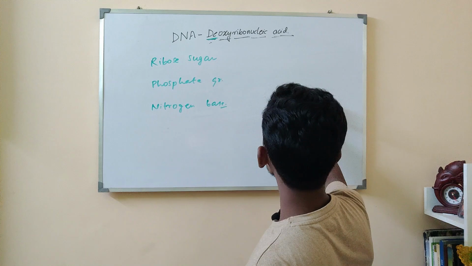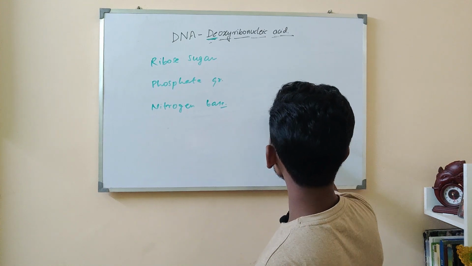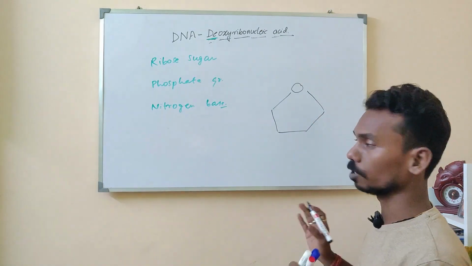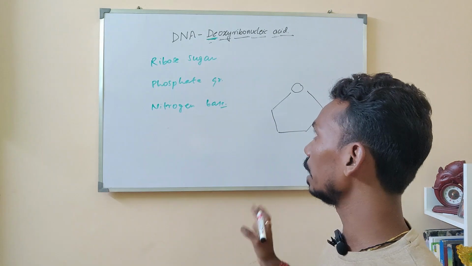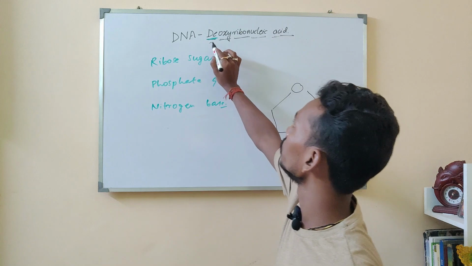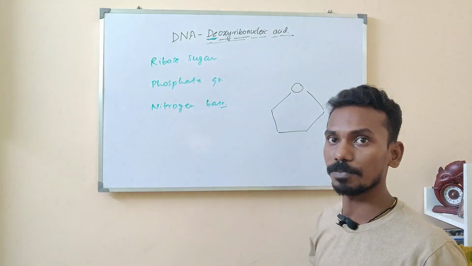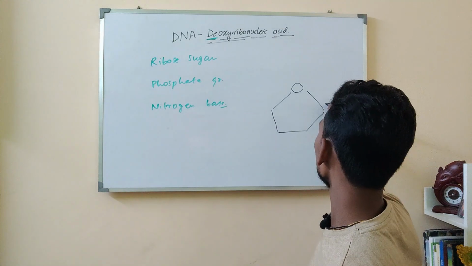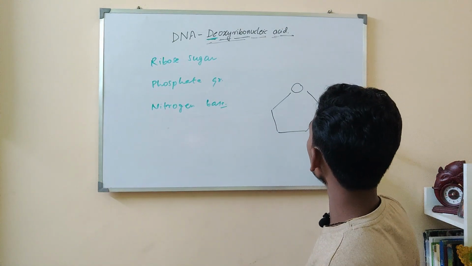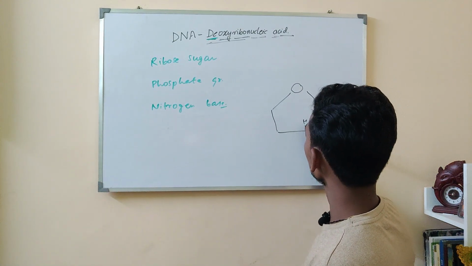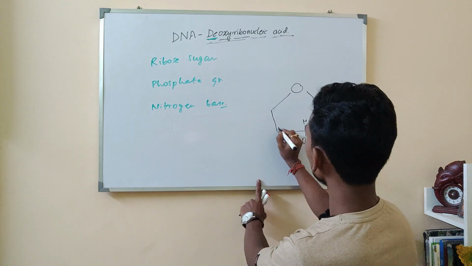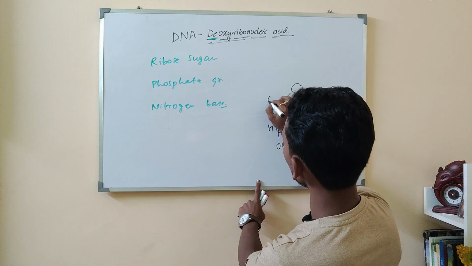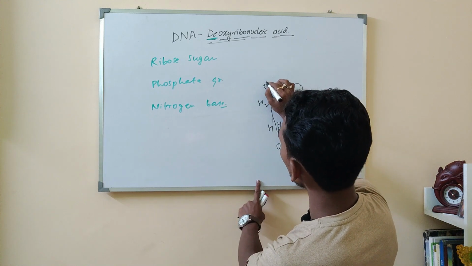Just draw ribose sugar here, a 5-carbon compound, and we have seen that the ribose sugar that is going to make DNA has to be deoxyribo. That means carbon number 2 must be devoid of oxygen. So this one is OH, H, H, OH, H, OH, and here H and CH2OH.